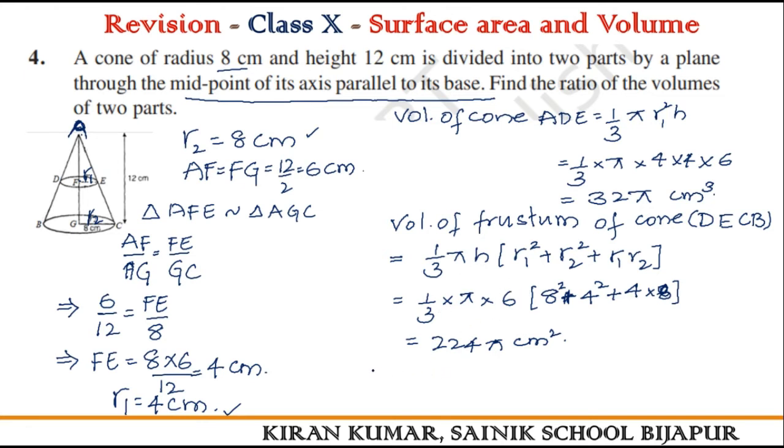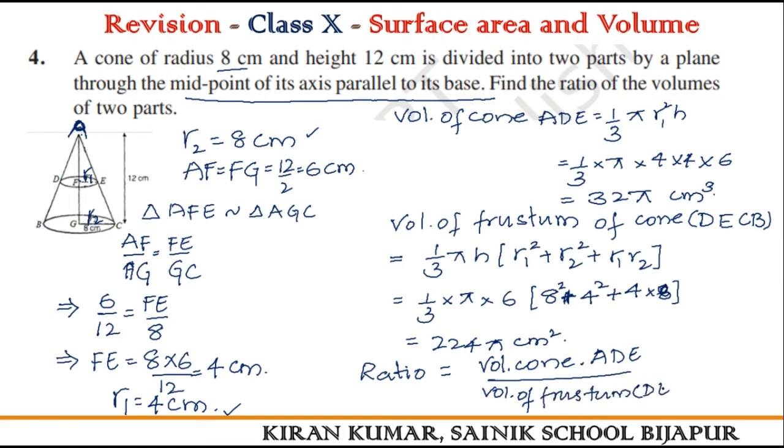Now the ratio is the volume of two parts. So volume of cone ADE upon volume of frustum DECB.